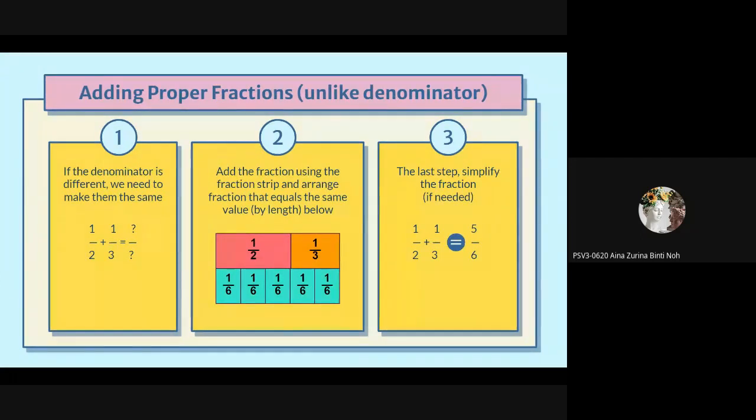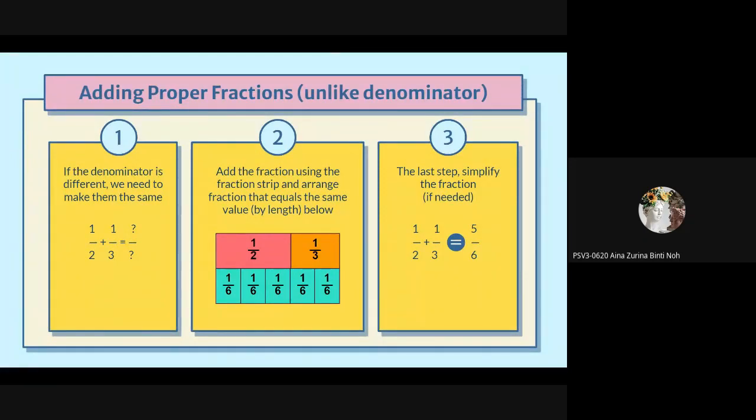For proper fractions with unlike denominators, the teacher will explain to the students that for every addition operation, the denominator has to be the same.